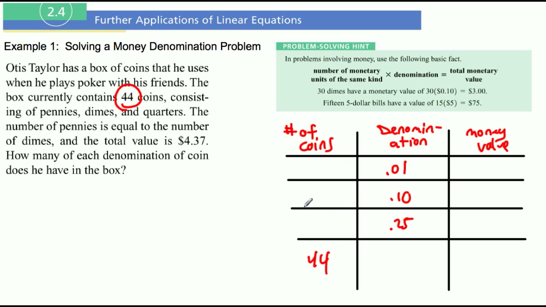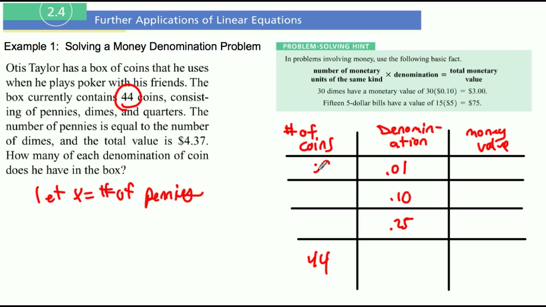I'm going to have a total of 44 coins after I add up all the coins for the pennies, dimes, and quarters. Now the number of pennies is equal to the number of dimes. If these two are equal, then let's go ahead and let x equal the number of pennies.